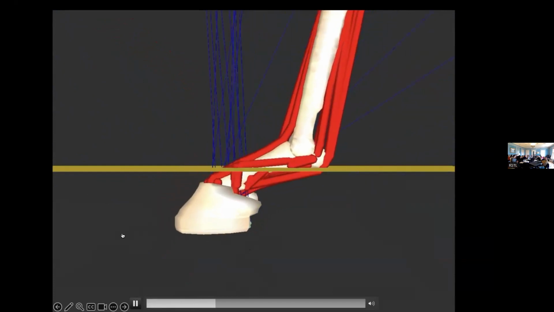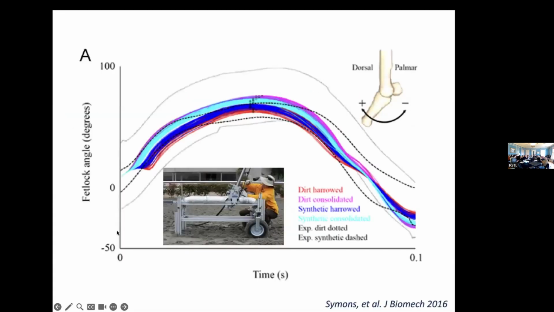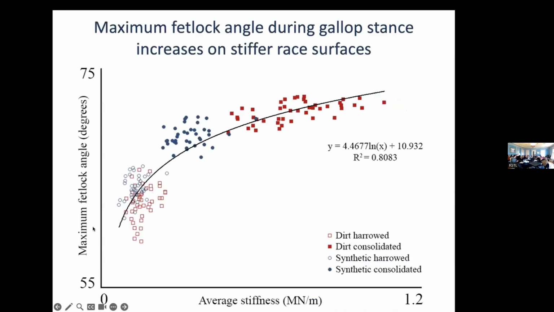With that type of simulation, we can determine the sensitivity of, in this case, fetlock angle, because I care so much about fetlock angle, to two different features of the surface, which include, in this particular study, cushion depth and stiffness, so the cushion and the pad, and horizontal friction. The good news is that our simulations correspond fairly well to actual data that we collect, and that's basically what this is trying to show.